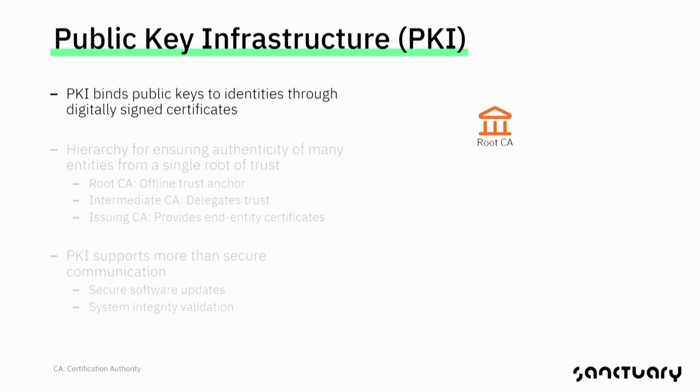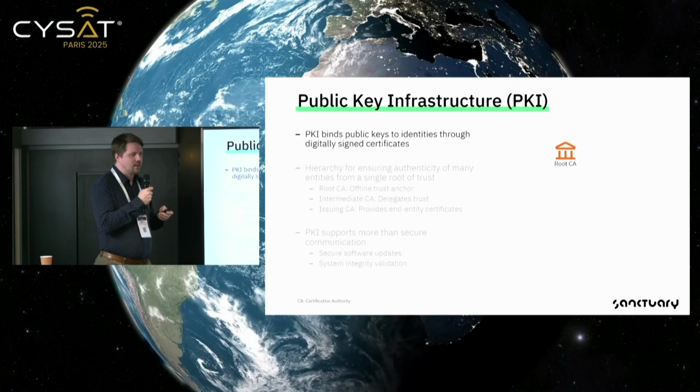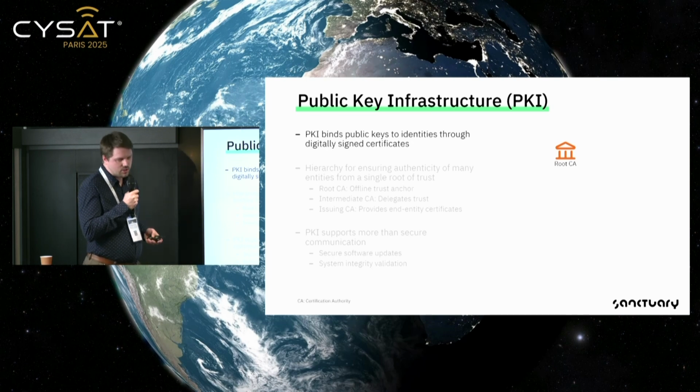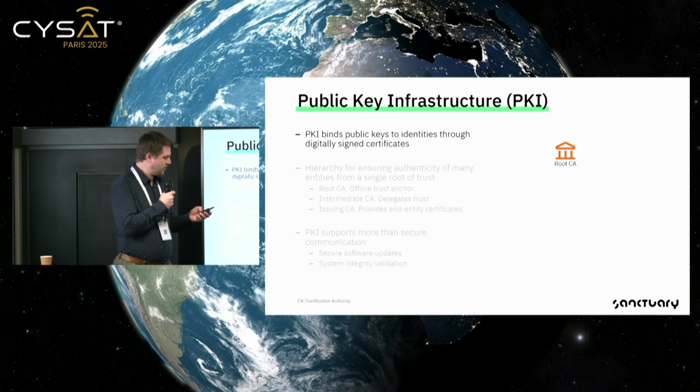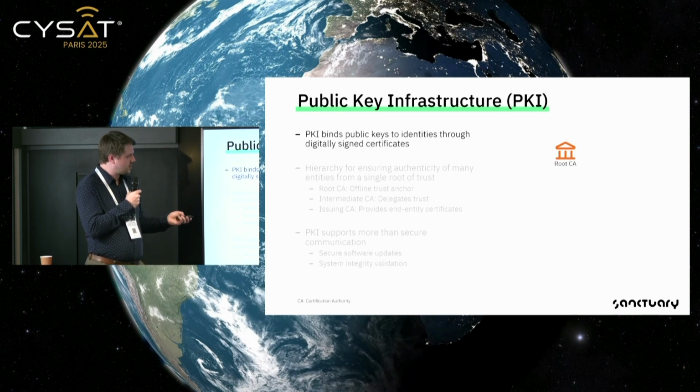How is this done? The binding is in the end done and verified by something that is called a certification authority, and you have something that is called a root certification authority.